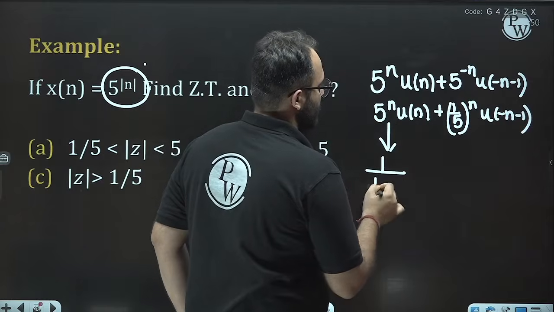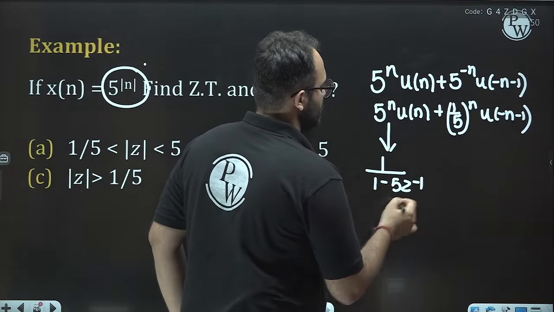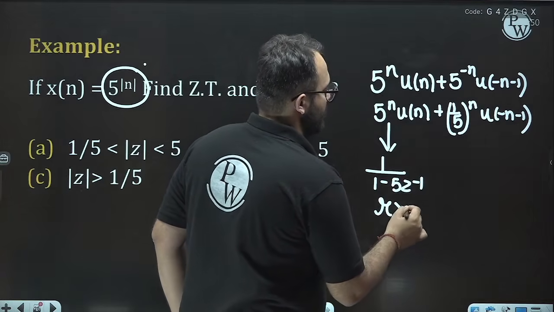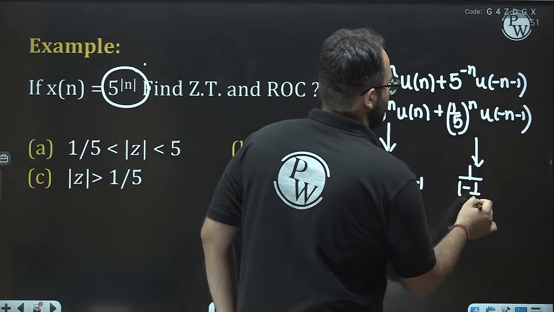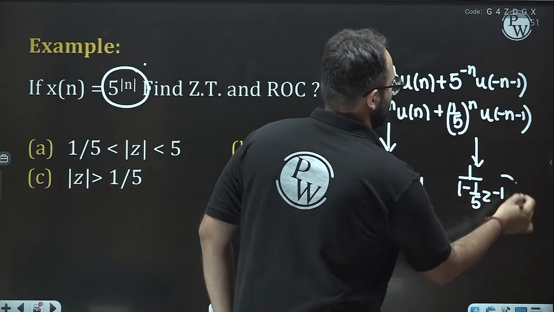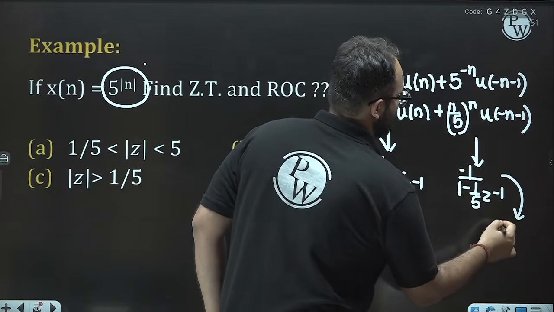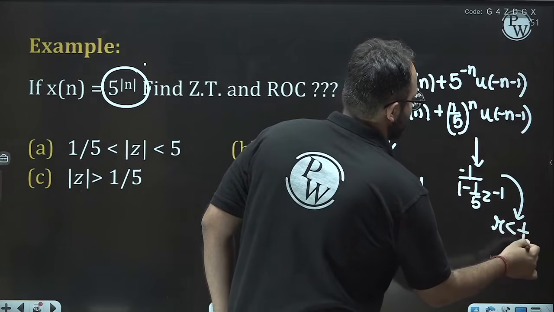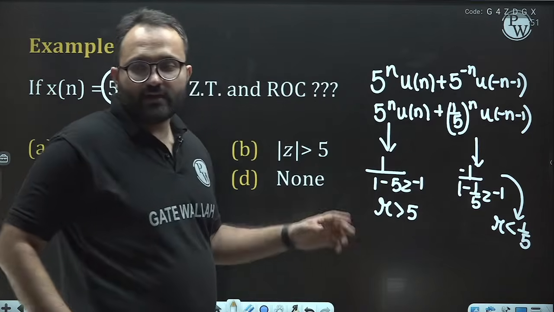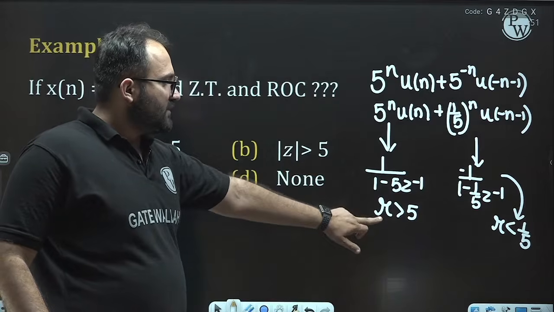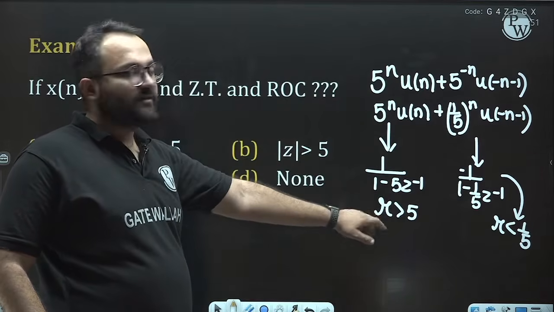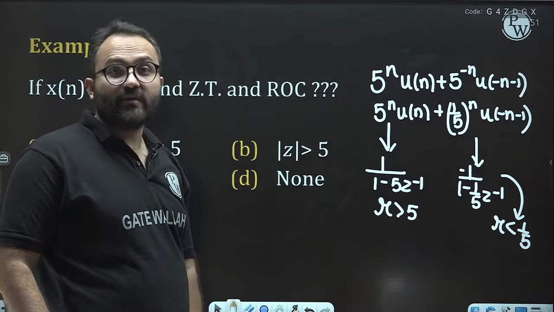1 upon 1 minus 5 Z inverse, R greater than 5, and here 1 upon 1 minus 1 by 5 Z inverse with a minus sign obviously, and R less than 1 by 5 is the requirement. Now here we have two very important points: this requires the ROC R greater than 5, that requires the ROC R less than 1 by 5.